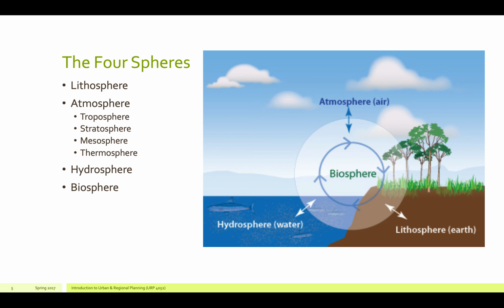Now, the atmosphere is broken down into different layers, the troposphere, which is the lowest layer. And it continues upwards with the stratosphere, the mesosphere, the thermosphere, and finally the ionosphere.